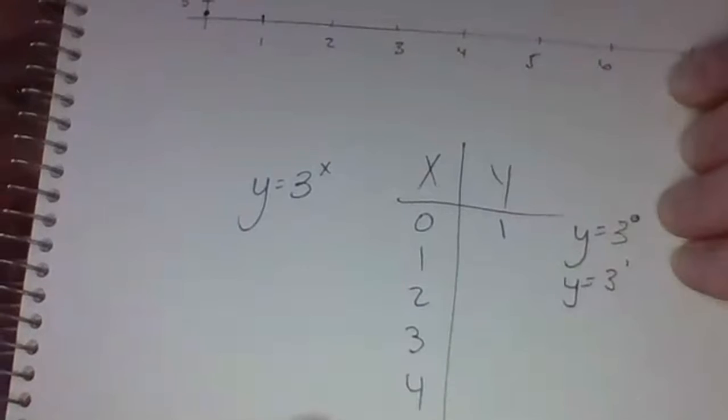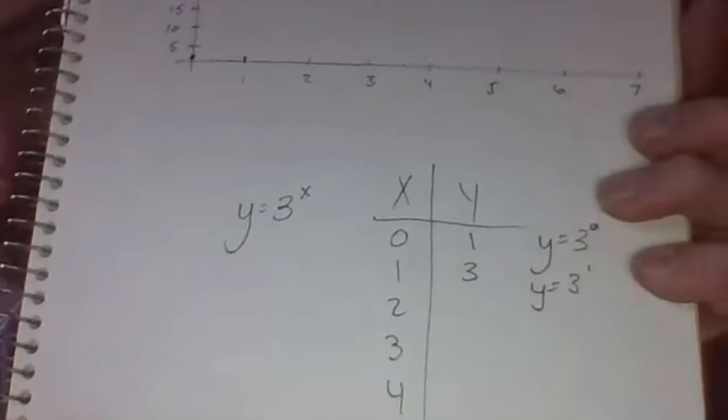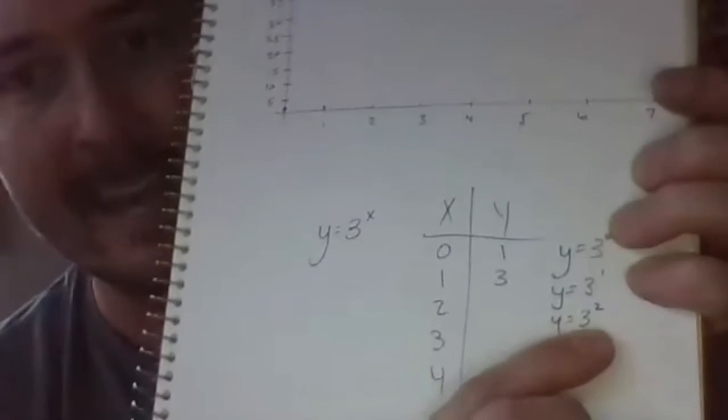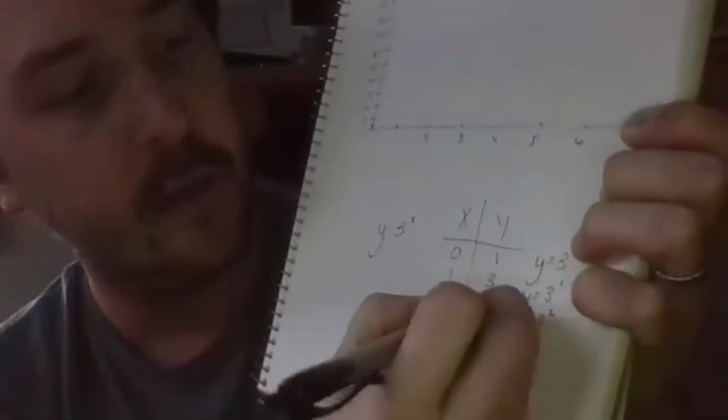We then have y equals 3 to the power of 1. 3 to the power of 1 was 3. All right, you just have 3 once. Then we have y equals 3 to the second power. That would be the second day. Well, how many people are infected now? Well, 3 squared is 3 times 3, 9. All right, let's start plotting these points. 1 and 3, 2 and 9.